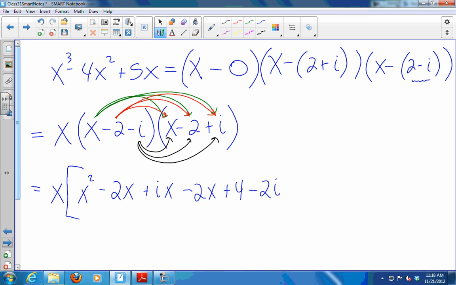Okay, so negative i times x is minus ix. And then negative i times negative 2 is plus 2i. And then negative i times i is minus i squared.